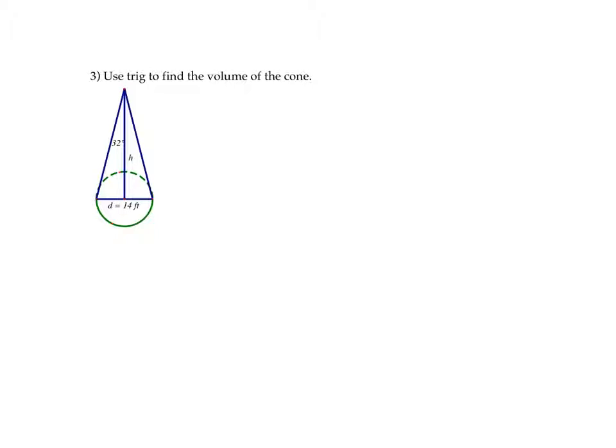In our final example, I left out that this is the height that's perpendicular to that diameter. So if the diameter is 14 feet, the radius would be 7 feet. And what we need to do in here is solve for the height first.